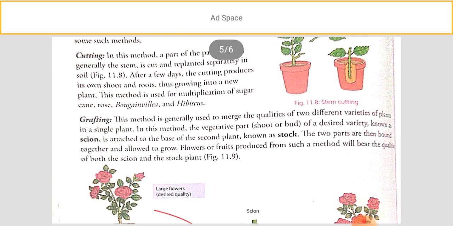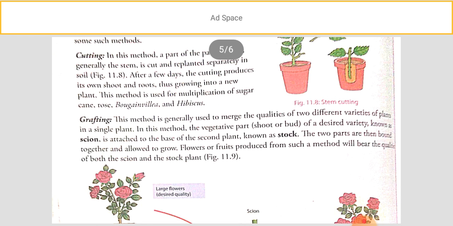In this method, a part of the parent plant, generally the stem, is cut and replanted separately in soil. In a rose plant or sugarcane plant, we cut a part of the stem and plant it in another area in the soil.